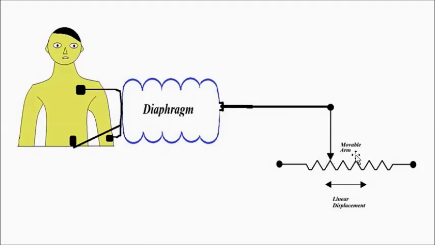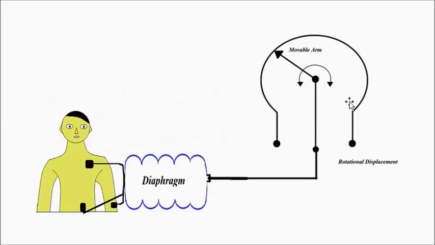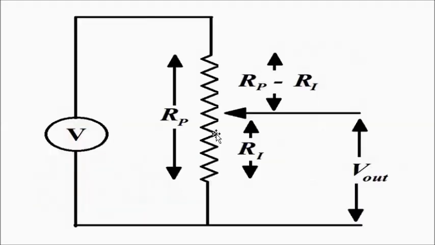This is the linear potentiometer, this is the rotatory potentiometer. So when it undergoes movement, it gives us a voltage output depending on the location of the contact or the wiper. So the output which we get is normally in voltage form.